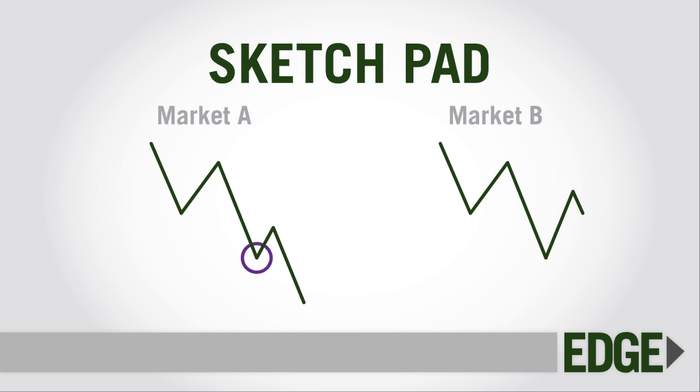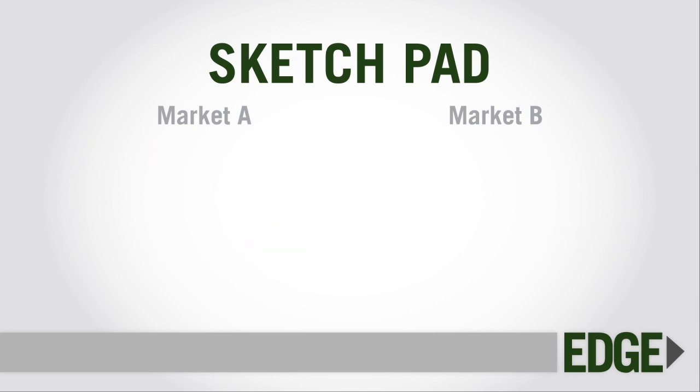This low, which is the same as this low, was breached by market A. If I were to draw a line through that low, you could see the penetration that market A had through that price. However, looking over at market B, it's maybe several ticks away from going through that low. That's an intermarket divergence.